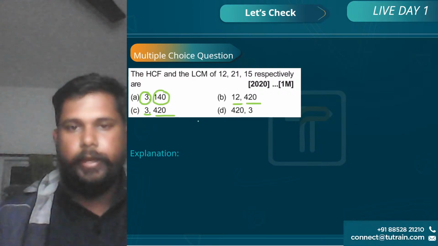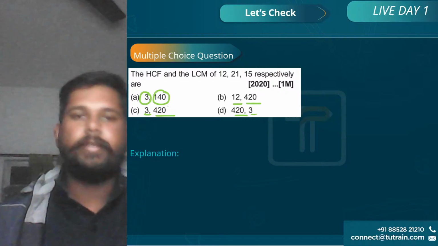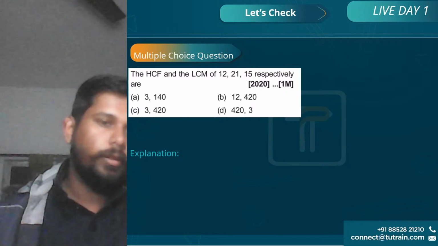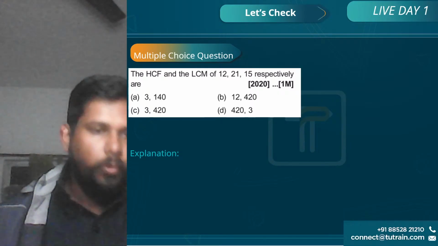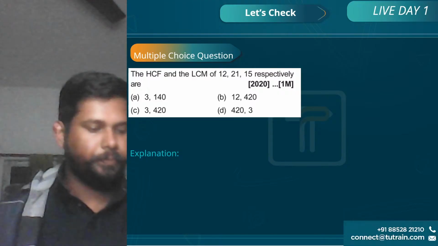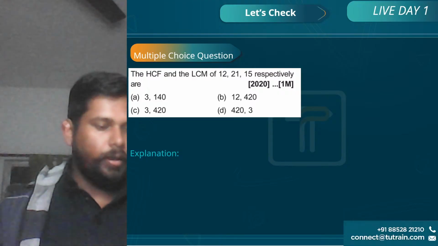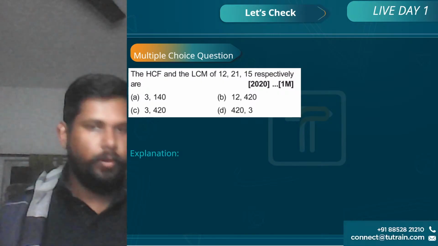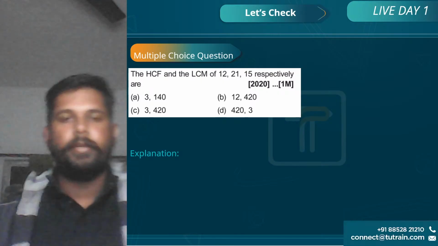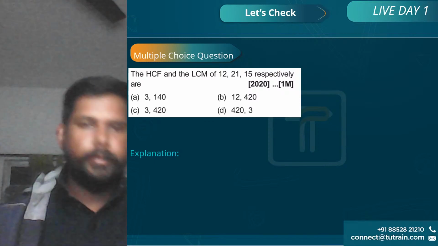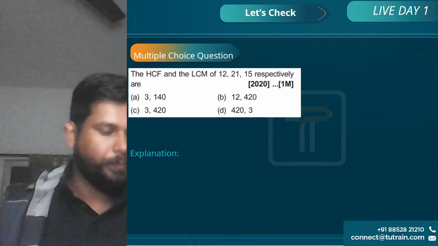So I will give you 20 seconds to solve this, and let's see who can type it first in the chat box. I can see many options B, D. Okay, let us see. You can use prime factorization method or any method which you want to use.